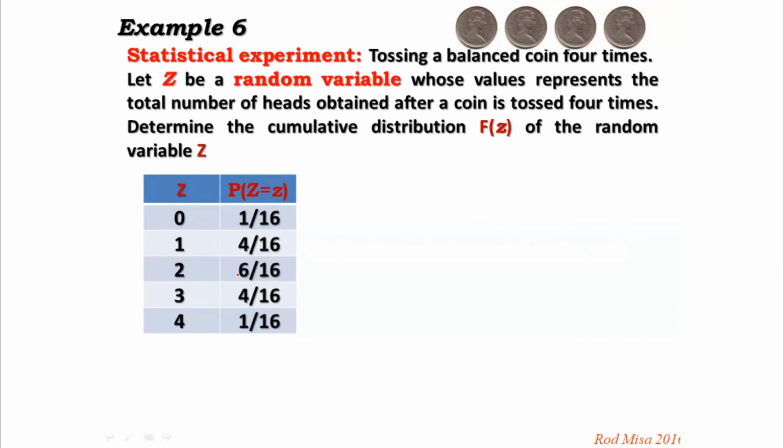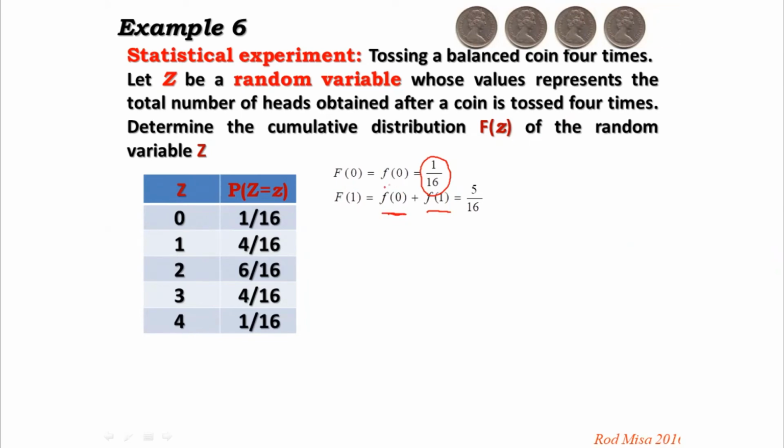Solving for the big F of 0, this is equal to the small f of 0, which is equal to 1 over 16. And the big F of 1 is equal to the small f of 1 plus the small f of 0, because big F is the sum of all probabilities from the value down below.